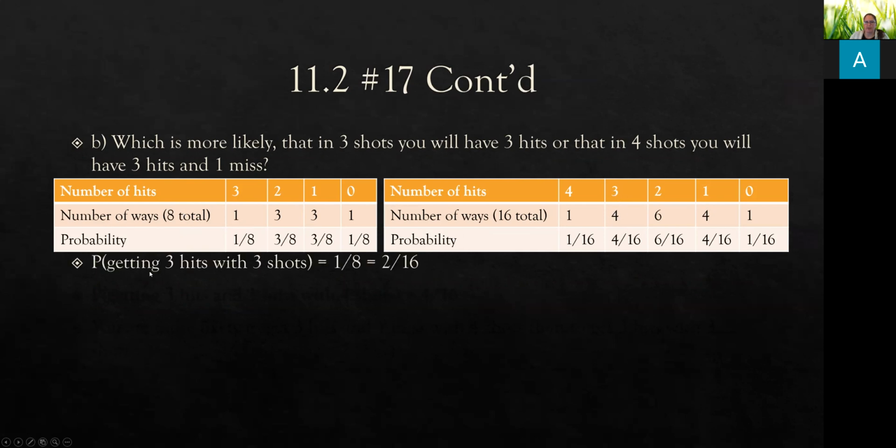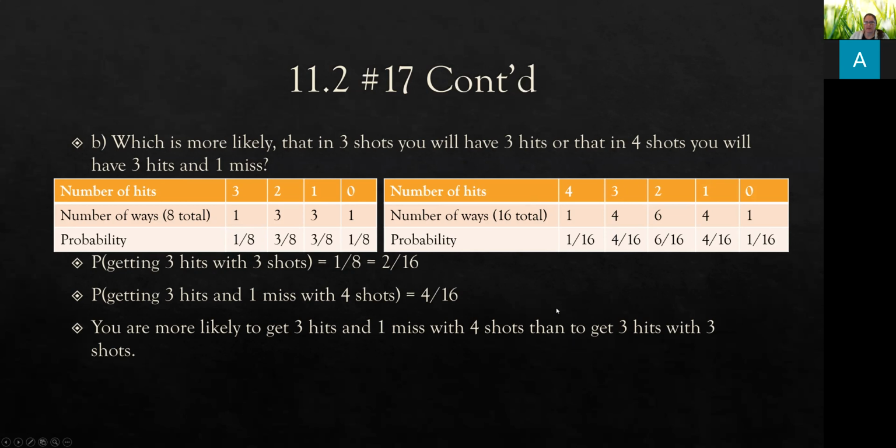So the probability of getting 3 hits when you have 3 shots, that's 1/8, which is the same as 2/16. Or the probability that when you have 4 shots, you get 3 hits and 1 miss, that's 4/16. This is a bigger number, so that means it's more likely to happen.